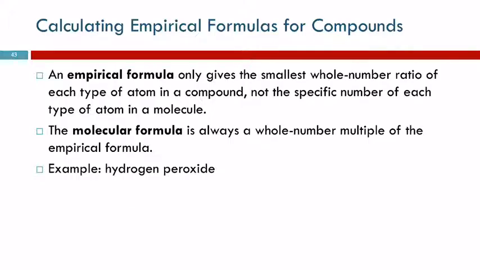So the actual formula for hydrogen peroxide is H2O2. One molecule, I should probably do colors, has 2 oxygen atoms and 2 hydrogen atoms.